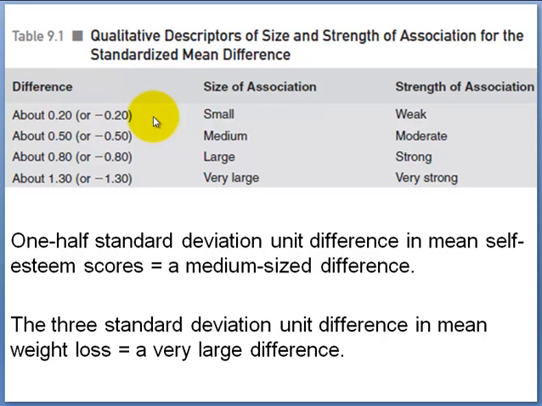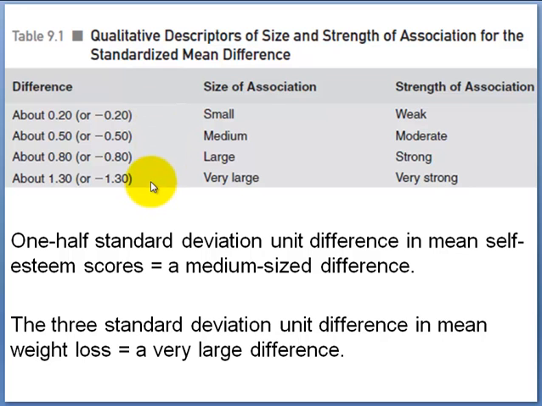Basically, if you see an SMD that's smaller than about 0.20, and I should be more precise and say whose absolute value is less than 0.20, because the standardized mean difference can compute to a negative, then the relationship is starting to be so small that it's just quite small, and at some point you say to yourself, practically speaking, the relationship is so small that it's nearly the absence of relationship.